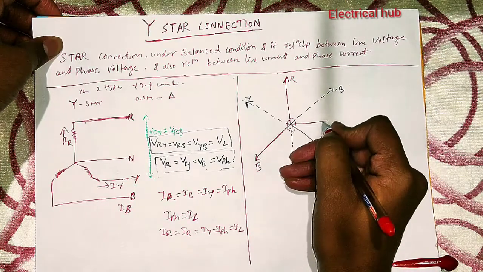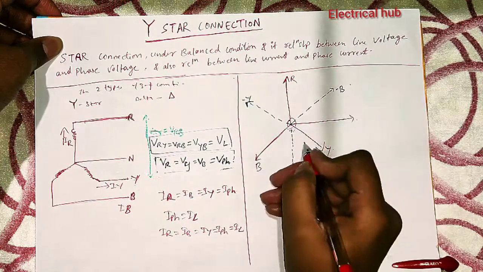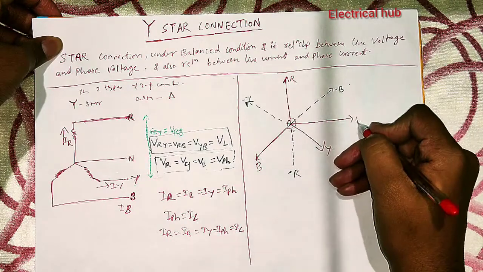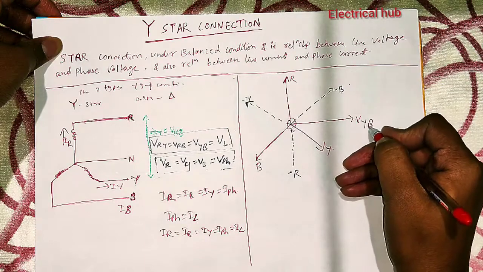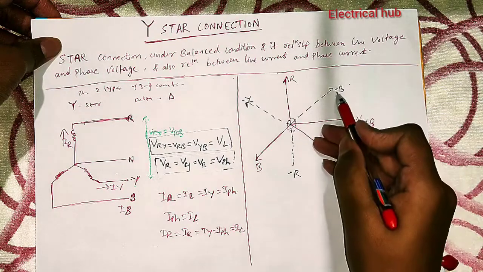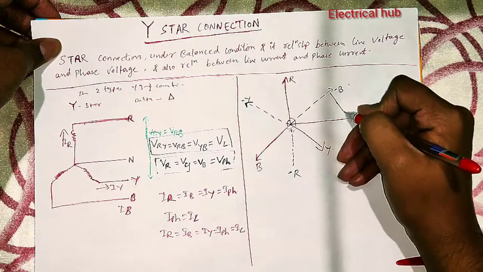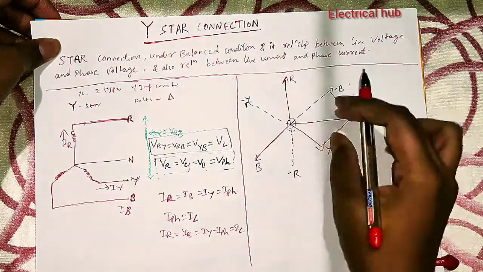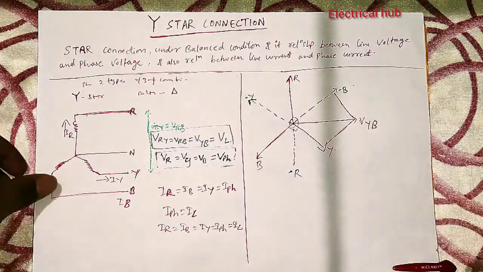It will look like this, and this is between minus B and Y, which will be called voltage YB. Here B will be written on the right hand side, after Y, because B is negative, and we have to connect it like this. This diagram is a little bit expanded, but it is not similar as I have drawn it a little bit roughly.